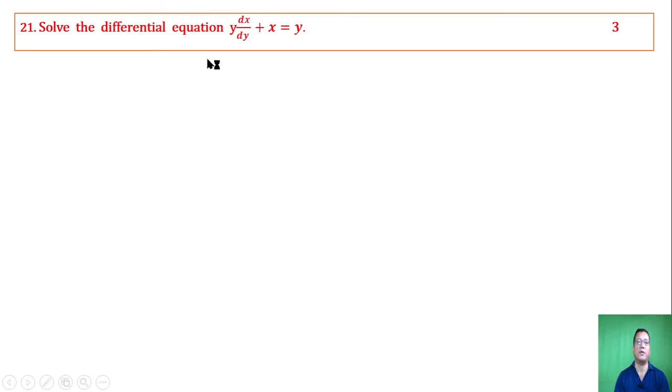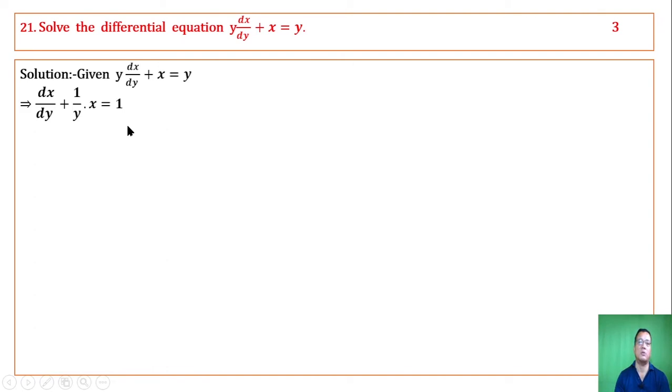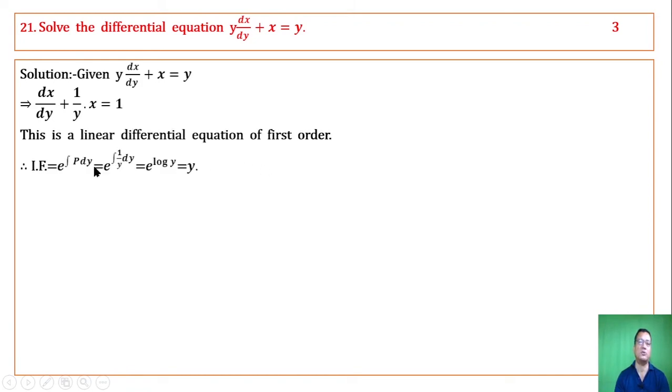21. Solve the differential equation. Let us solve. Dividing the equation by y, we get this. This is a linear equation of first order whose integrating factor is e to the power integral of p dy, not dx. And p is 1 by y, whose integral is log of y.